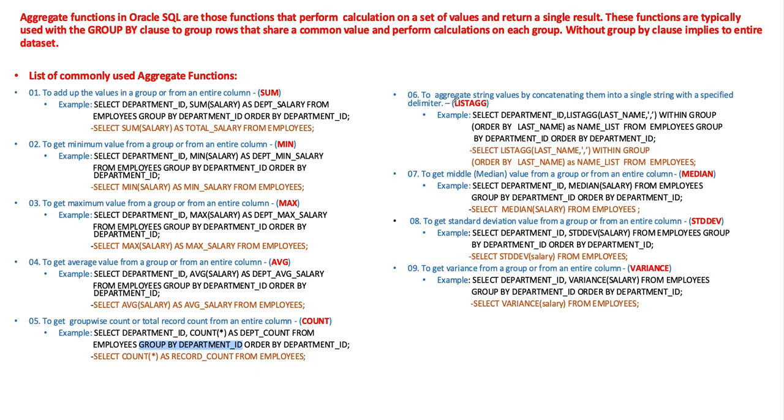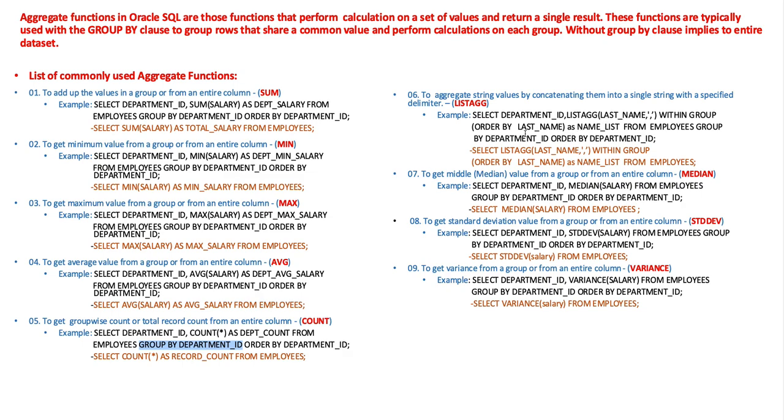Sixth one is the LISTAGG function. That means to aggregate string values by concatenating them into a single string or single row with a specified delimiter, we use the LISTAGG function. That means list aggregated function. We have an example here.